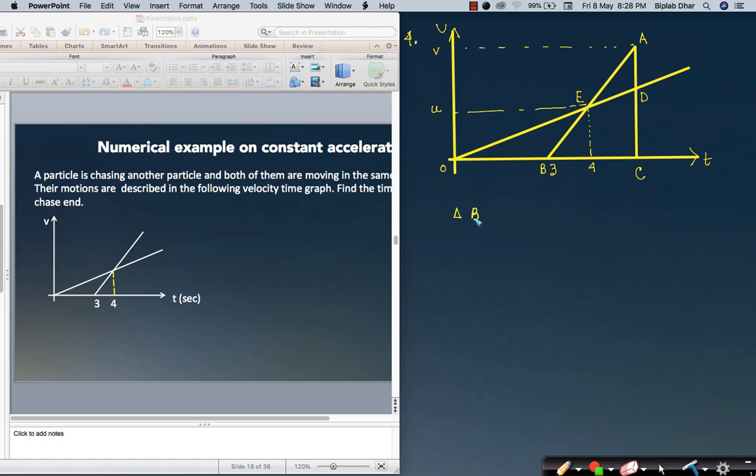Triangle B, E, and F. This triangle is similar to the triangle B, A, and C, right? So in this case, I can say that U divided by 1, this is U, this is 1, is equal to AC, that is V, divided by, suppose this time is T, so it is T minus 3, right? So this is the first equation that I can write.